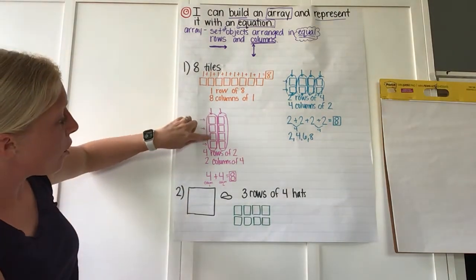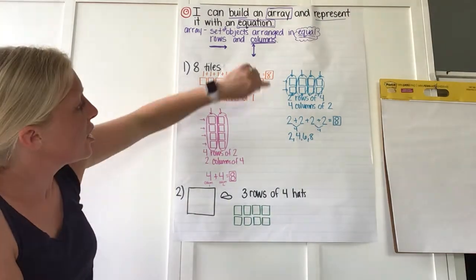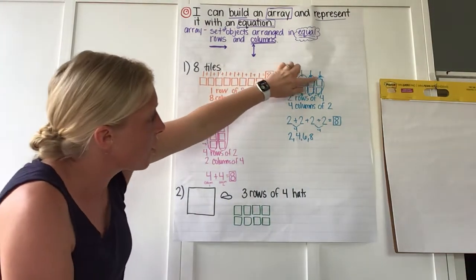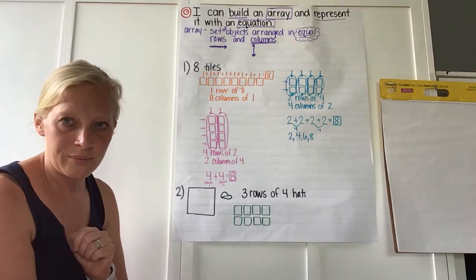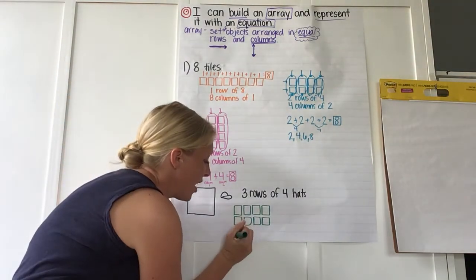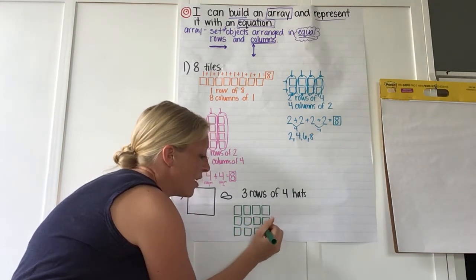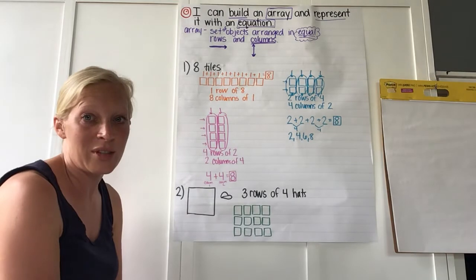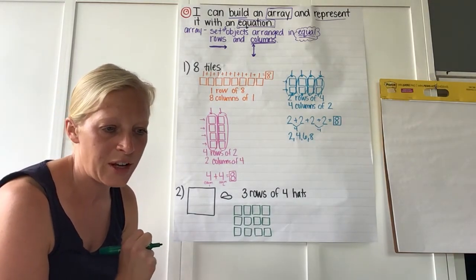This one had 4 rows of 2, so every row had 2. This one had 2 rows of 4, so both of them had 4. Are we done? No, because how many rows of hats did he have? He had 3 rows of hats. Can you show me where your 3 rows are with your fingers?